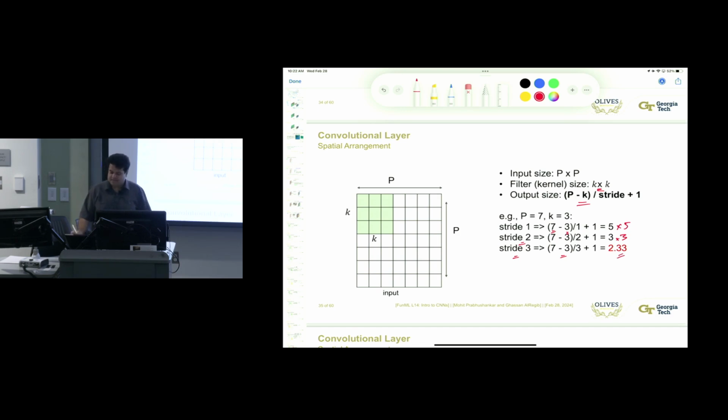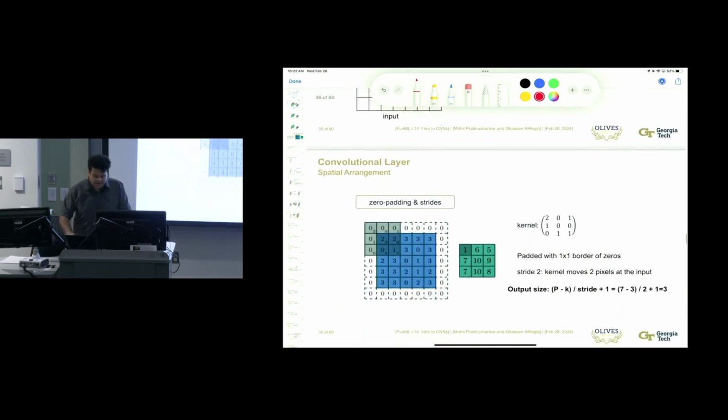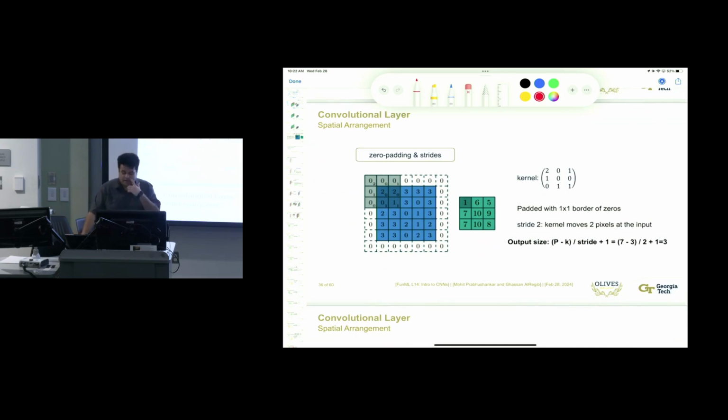So it's not a discrete size here, right? Stride is a discrete value. You can move by 1 pixel or 2 pixels or 3 pixels, but you can't move by 2.33 pixels. That is not realistic. So the way we overcome it is by something called zero padding. Basically, instead of just looking at it as a 7 by 7, I pad zeros on this side and on this side, up top and bottom as well.